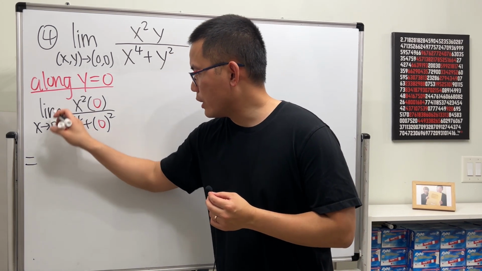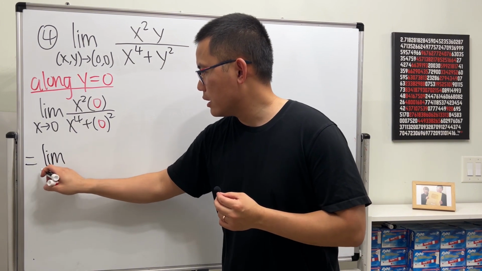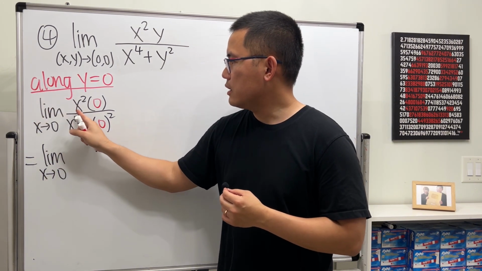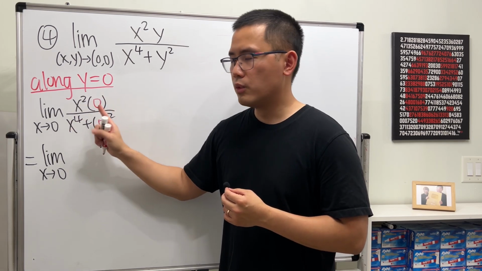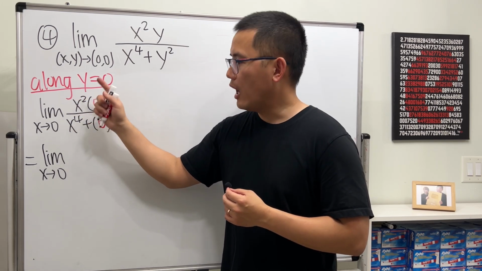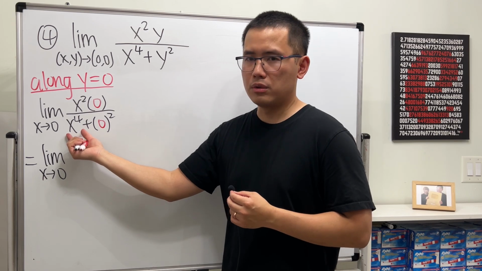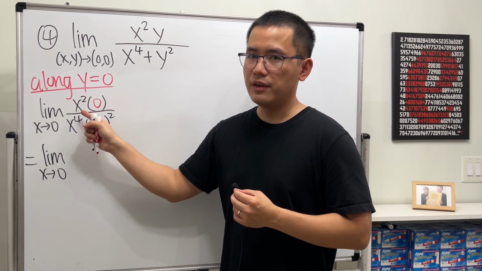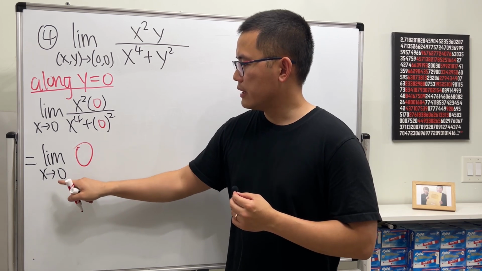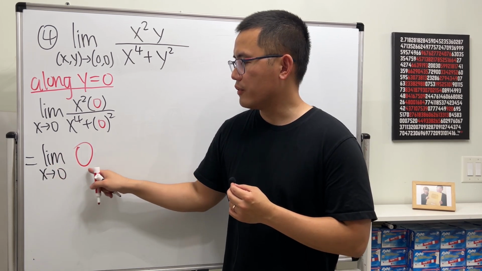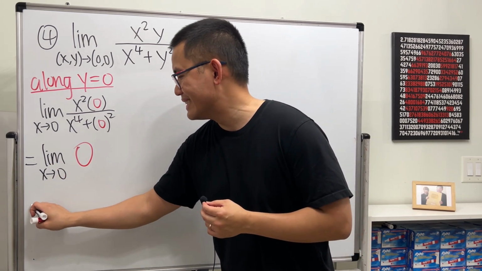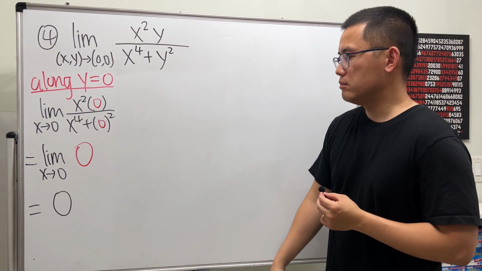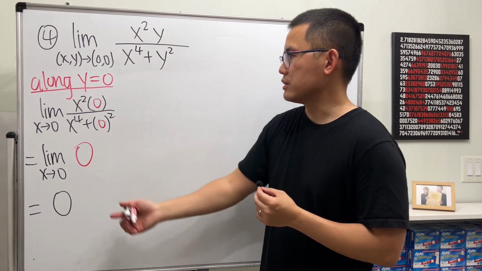So let me just write down this right here. And then we're focusing on just that. Here we have x squared times 0, which is just equal to 0, over x to the 4th power. So by looking at the inside, this is just going to give us 0. Now, the limit as x approaching 0 of 0 is equal to 0. Okay, nothing wrong with that. The limit for this right here is just 0.